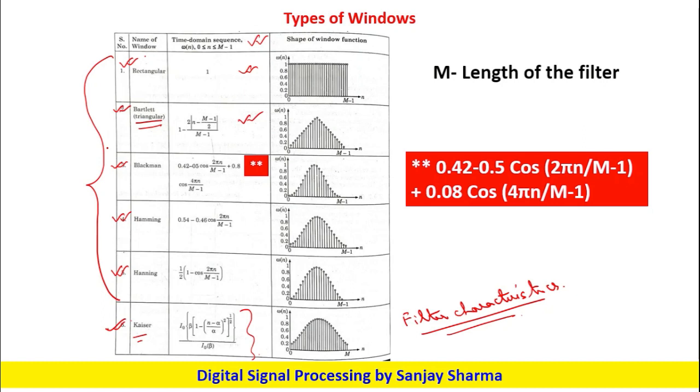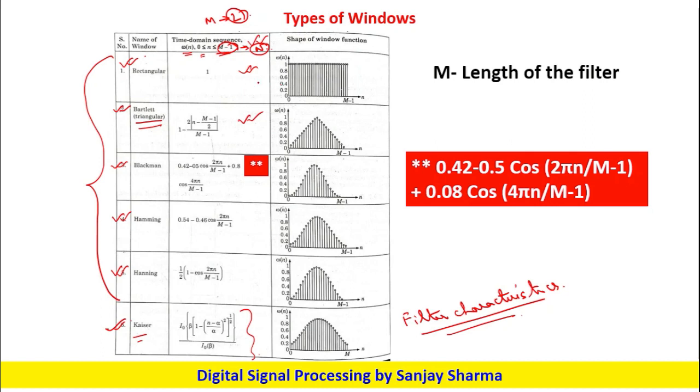From there you have to calculate the window parameters, and then you will be able to get the window coefficients. The window functions are time domain sequences given by wn, and it varies from 0 to M minus 1. This M is nothing but the length of the filter, so M minus 1 is basically the order of the filter.